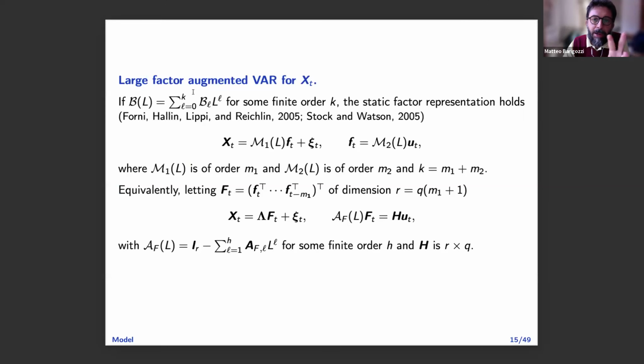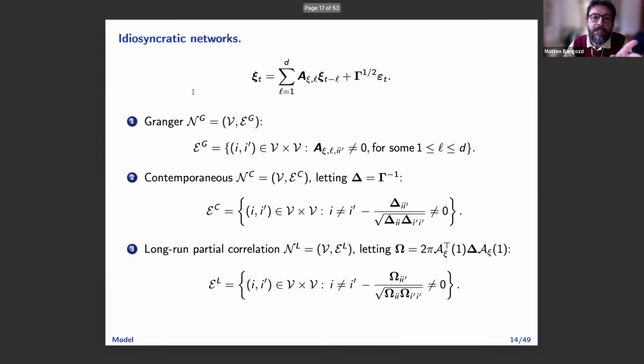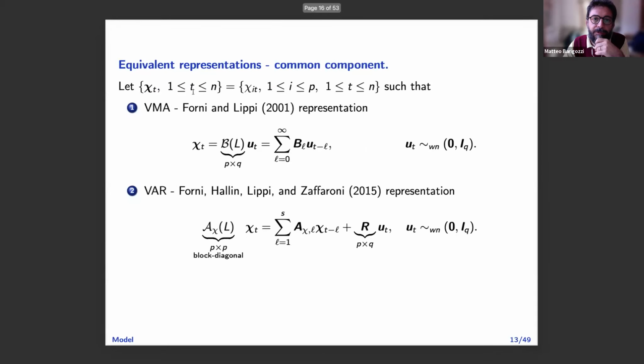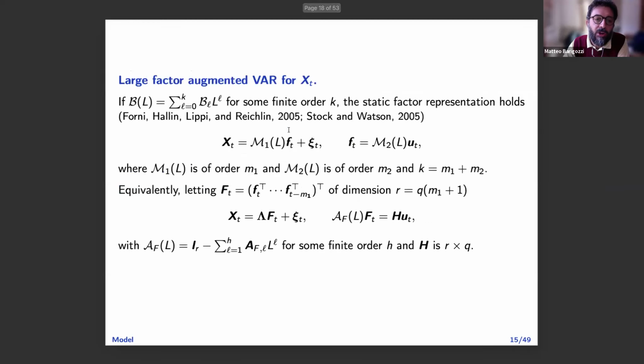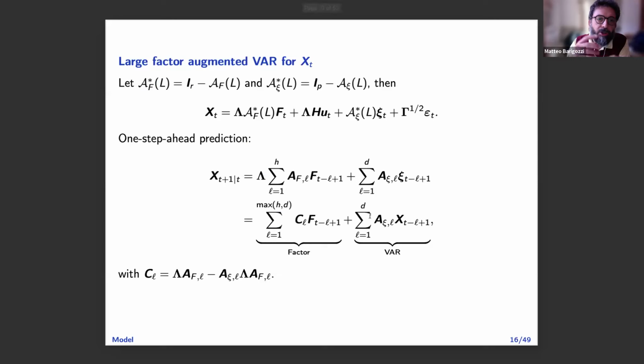In fact, if one manipulates the whole model and assumes that the common factors are not loaded with infinite lags, but only with a finite number of lags, then it is well known that the model can be written as a static model with static factors. And if one tries to work out the one-step-ahead prediction for a variable x, you will see that there is a part that comes from the factors and a part that comes from the idiosyncratic component.